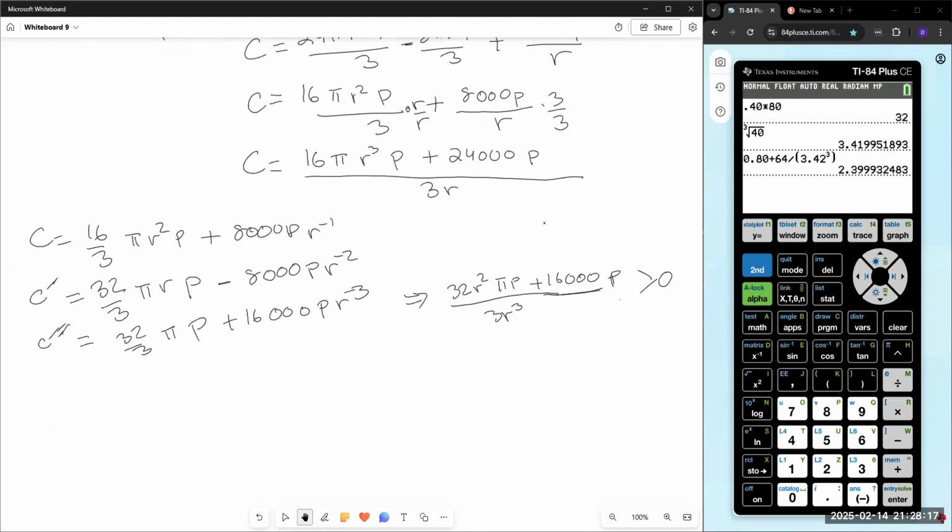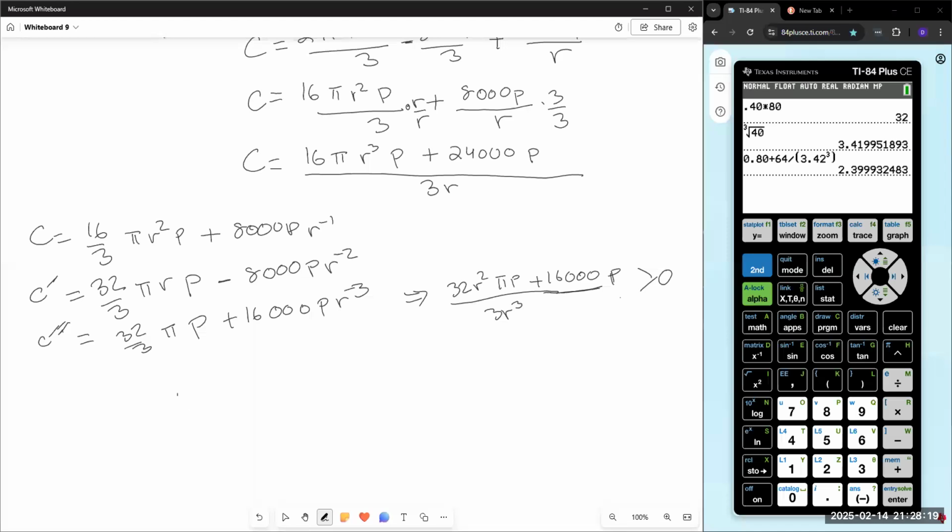And I can find that by 32 thirds pi r p minus 8,000 p over r squared is equal to 0. So p doesn't really matter here. I'm solving for where r is the issue.